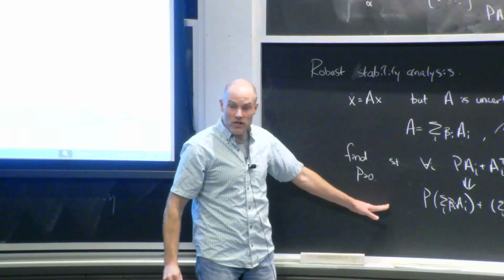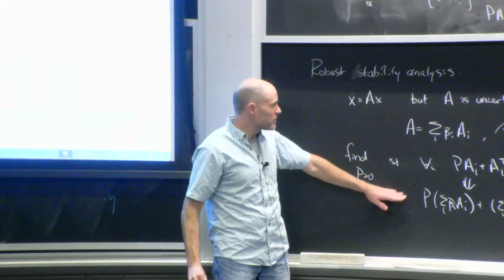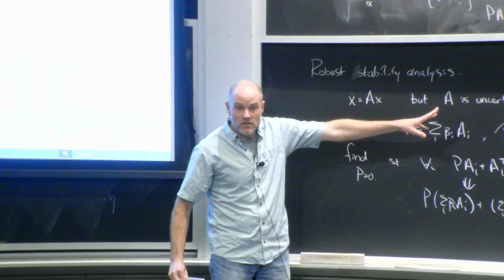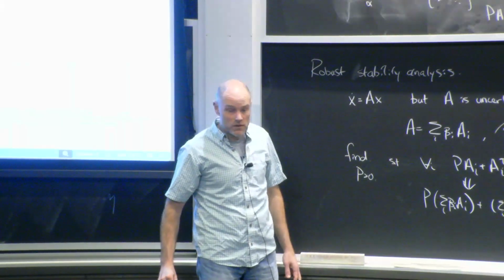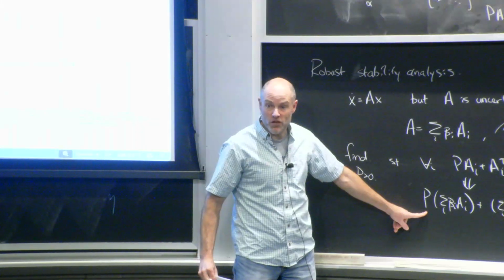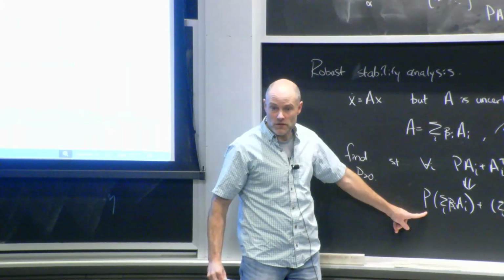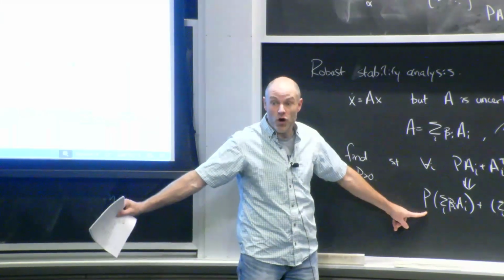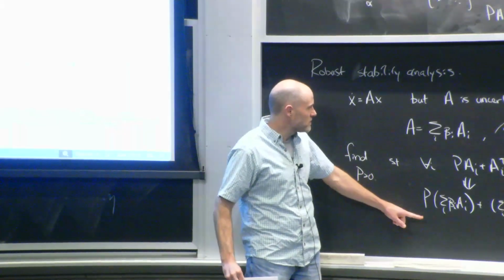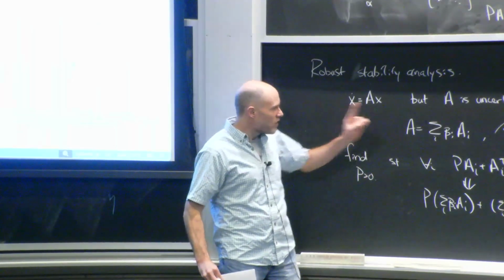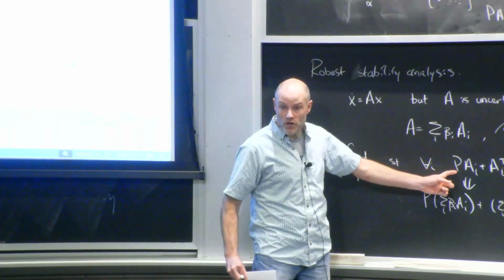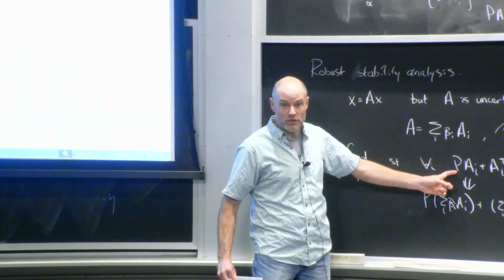Here's a gap. If you have a system for which a set of A's are all stable, if you find a P that stabilizes all of them, a common Lyapunov function, then you have a guarantee for all x that they're stable. But it is possible that all of those A's are stable, but it cannot be proven with a single quadratic common Lyapunov function.